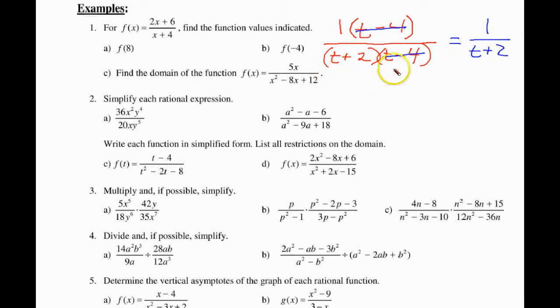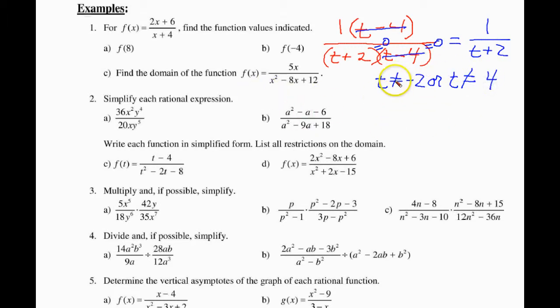Now, what are your restrictions? And the restrictions, and I'll give you a little shortcut way of doing it, just set that equal to 0 and set that equal to 0. So the restrictions are that t cannot be, and just transpose that, a negative 2, or t cannot be, transpose this, a positive 4.